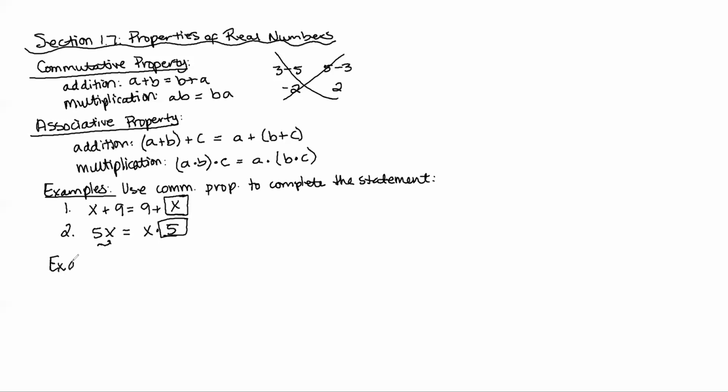Now let's look at a couple of examples for the associative property. We want to use the associative property, abbreviated ASSOC PROP, to complete the statement. So we're doing the same kind of thing.